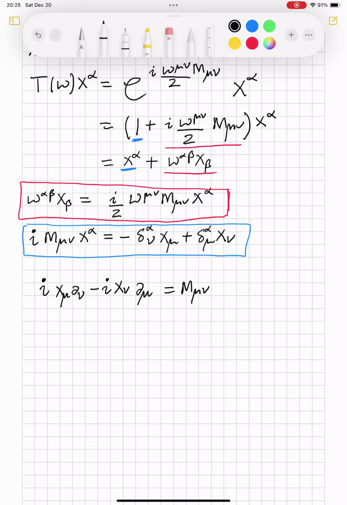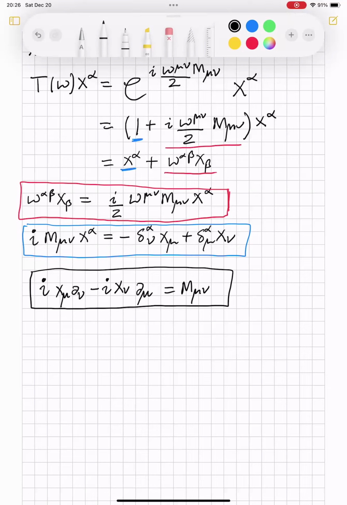And indeed, if we now check, does this black boxed equation for M mu nu satisfy the equation in blue? That's a straightforward thing to check. You should check that it really holds. Now, if you look in some textbooks, you'll notice sign differences in various places. So what we call omega, they might call minus omega.